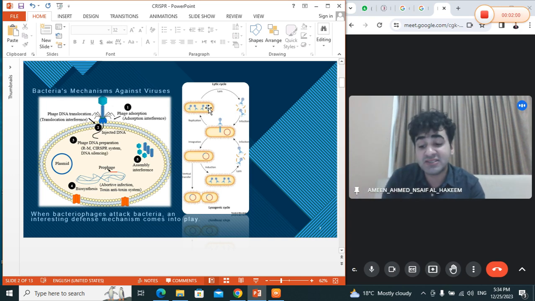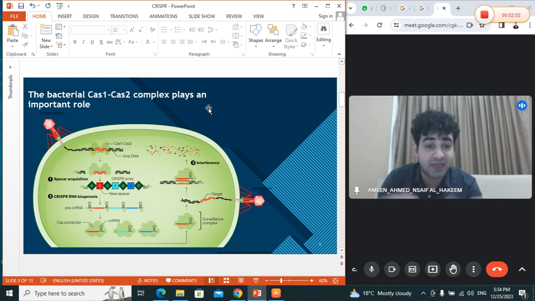For the beginning, let's go for the next mechanism, Cas1 and Cas2. We can illustrate more that bacterial Cas1 and Cas2 play an important role. Why? We can ask this question. Cas1 and Cas2 inside the CRISPR are essential components, because the Cas system is involved in the adaptation phase, where the system captures and incorporates short segments of foreign DNA from the viruses and plasmids.